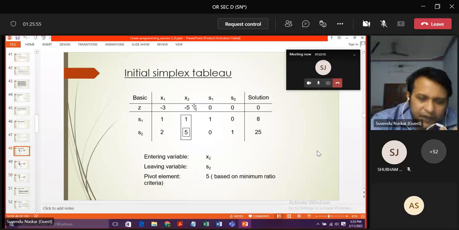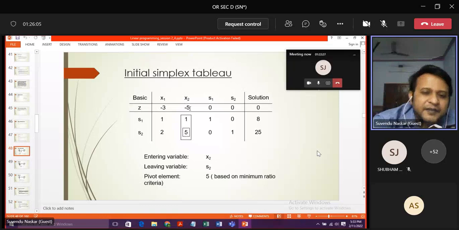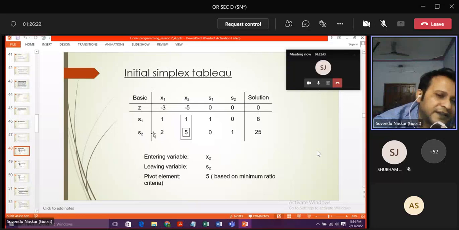So what I was saying is that identify those decision variables which has maximum impact. Identify among these constants what constant or what resource this decision variable has maximum dependency based on this minimum ratio criteria. Use that as much as possible, make it as much as possible of this resource so that we can make it 1 and rest all are 0.